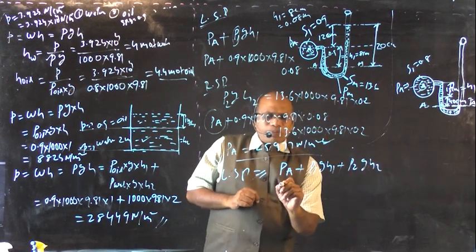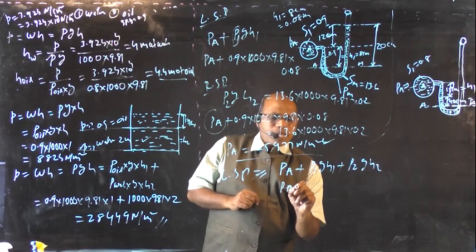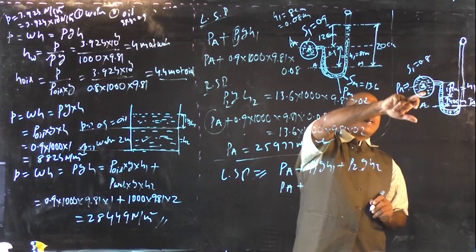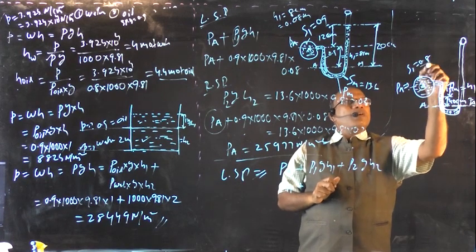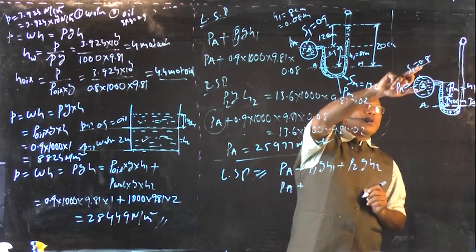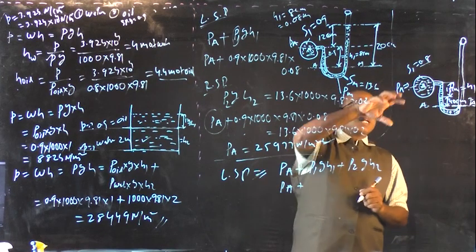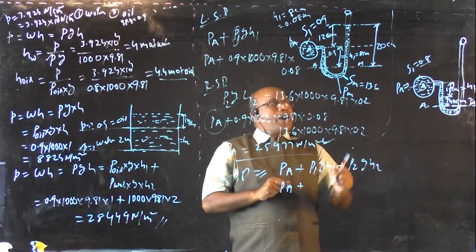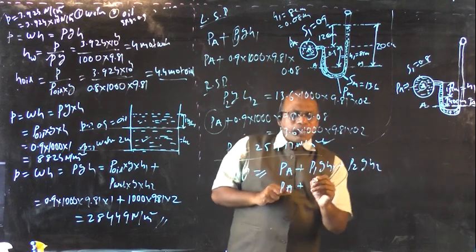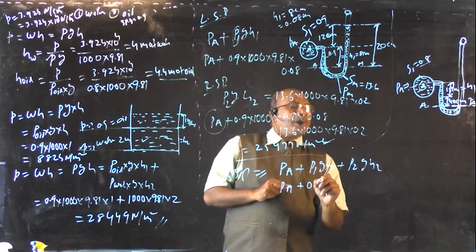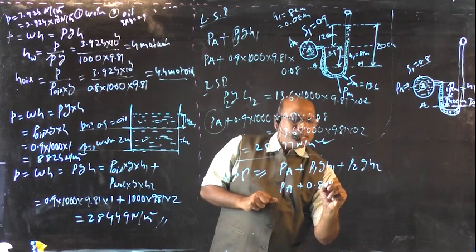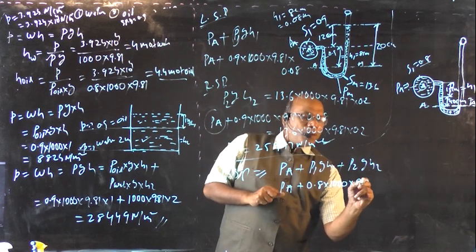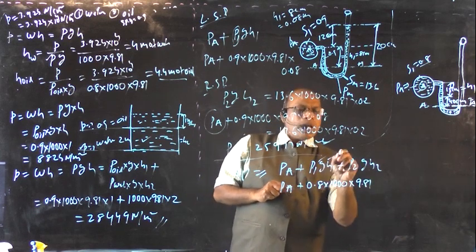This is equal to PA plus rho 1, that is the density of the flowing liquid, whose specific gravity is given as 0.8. Density of any liquid is equal to specific gravity of that liquid into density of the standard liquid. Therefore, rho 1 is equal to 0.8 into 1000, the density of the standard liquid, into 9.81 g value into H.